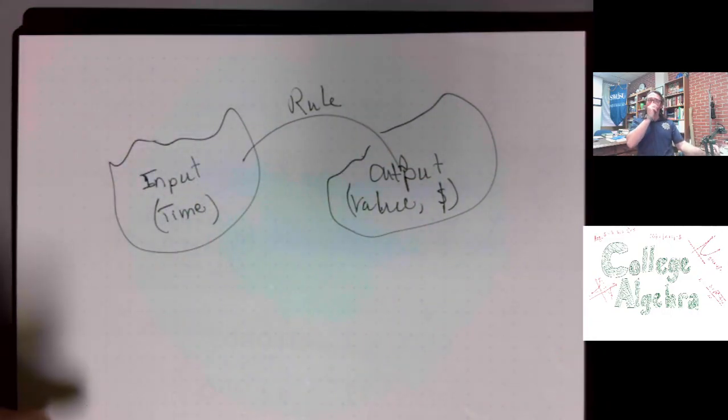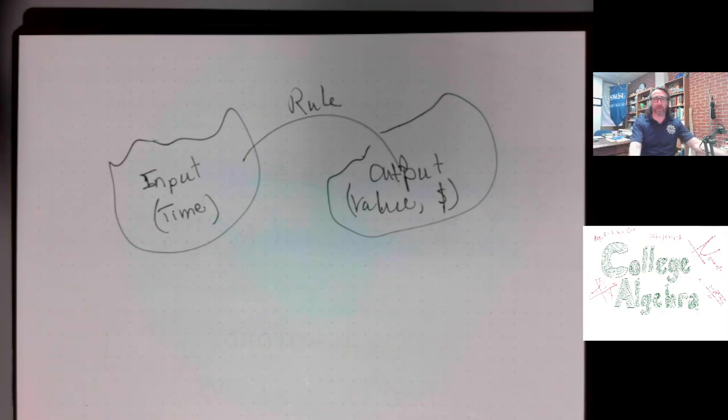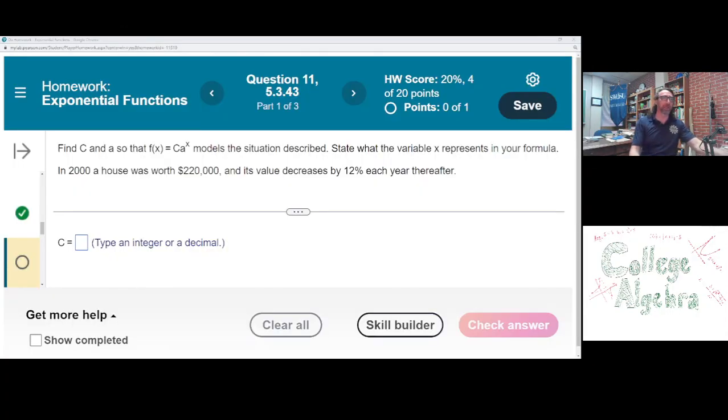So, the best way to think about a problem like this is don't do a subtraction. It may be natural to start out thinking that way, saying, well, you should find 12% of the $220,000 and then subtract that.